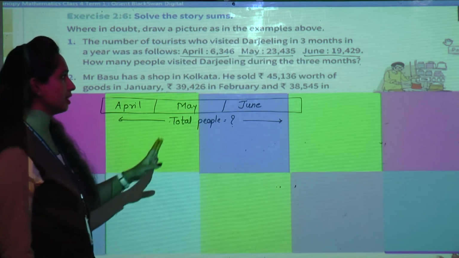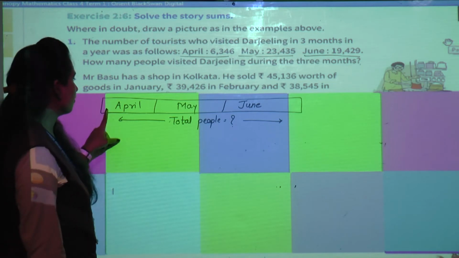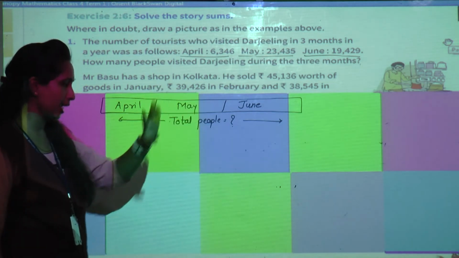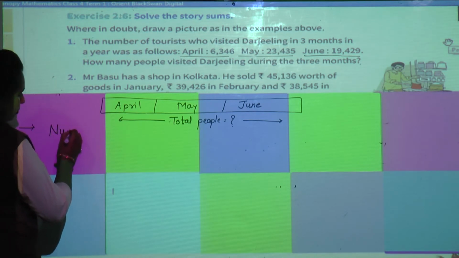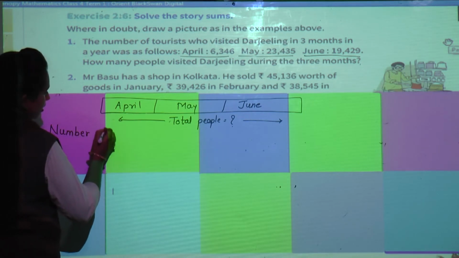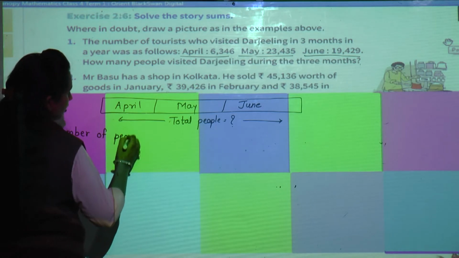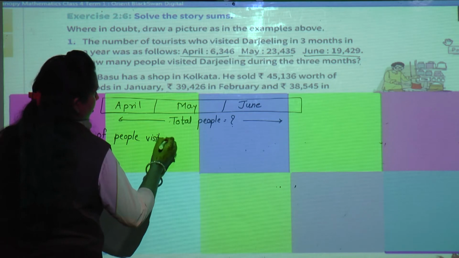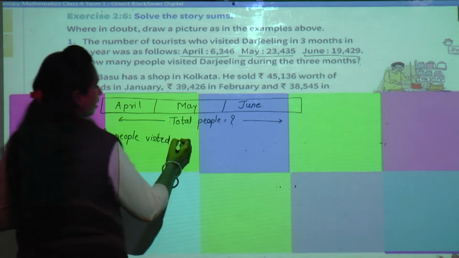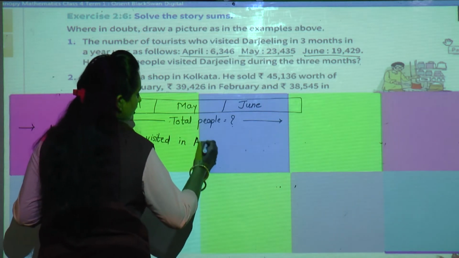How many people visited Darjeeling during 3 months? We have those 3 months, April, May and June. So how can we write? Number of people visited in April.